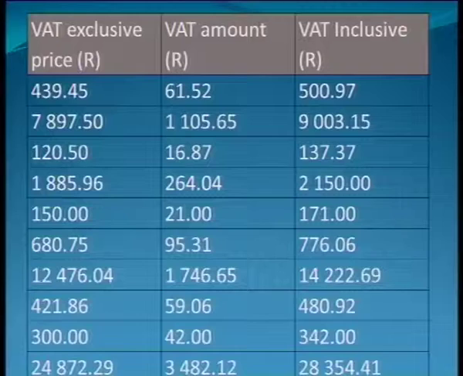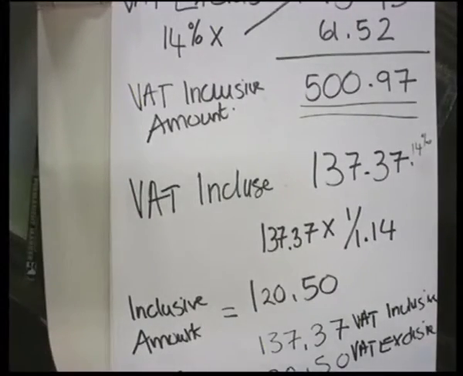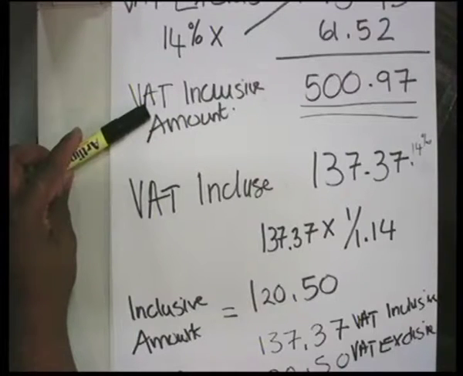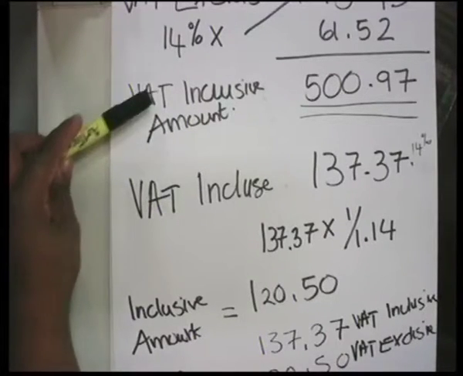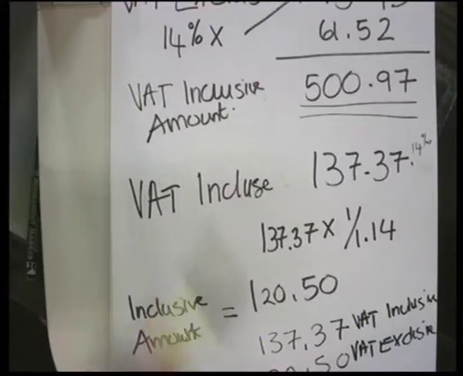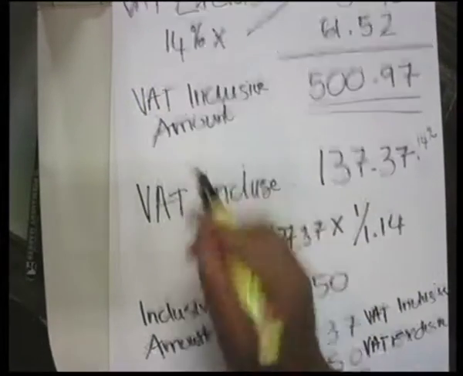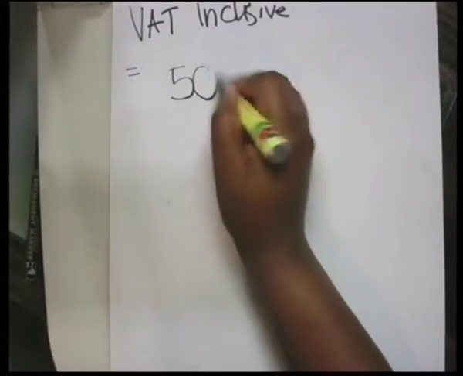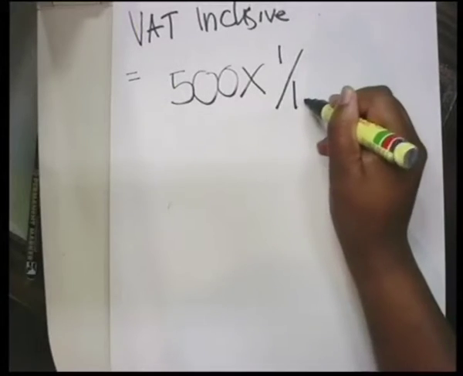If you were only given the VAT inclusive amount of $500.97, to get your VAT exclusive amount, you will say 500.97 times 1 divided by 1.14.